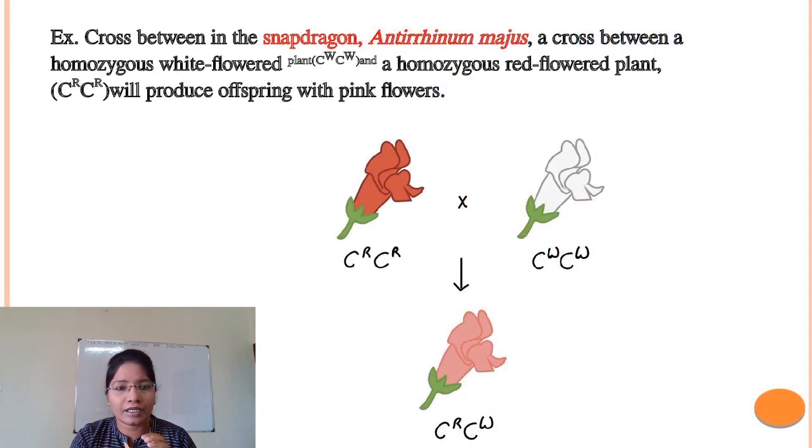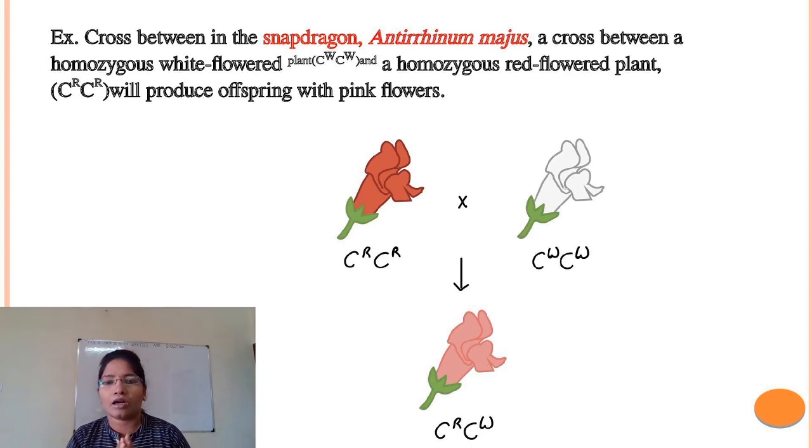This incomplete dominance is common in two plants. The first is the four o'clock plant, Mirabilis jalapa, and the second is the snapdragon plant. The scientific name of the snapdragon plant is Antirrhinum majus.